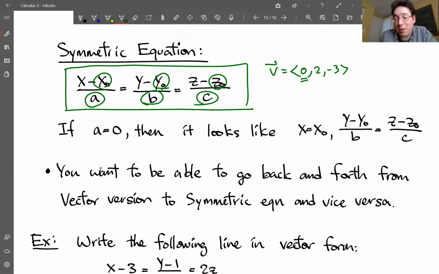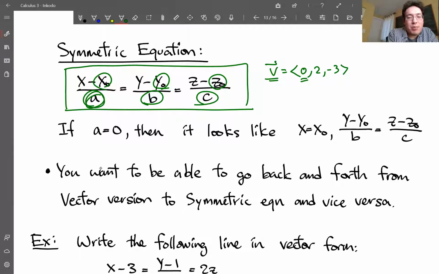So this formula breaks down because obviously we can't divide by 0, right? If I try to write it down, I'll be dividing by 0. But what does that mean? If the directional vector has no component in the x direction, that means the x value is not changing at all throughout this line. So x is a constant here.